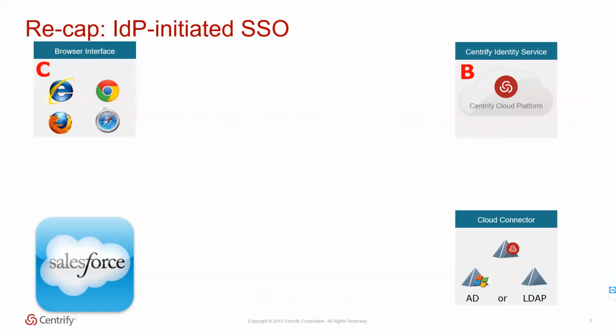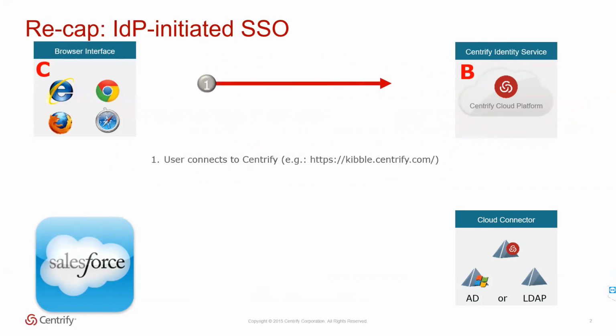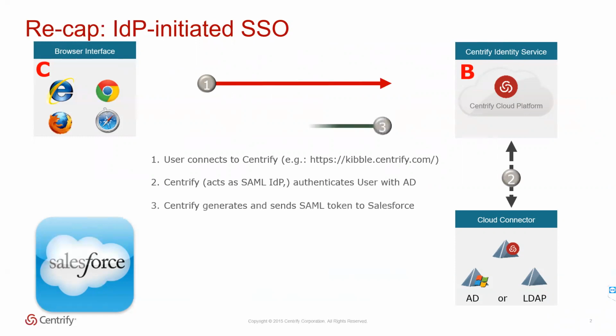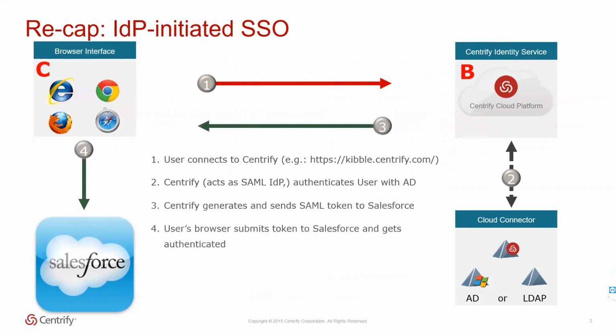So let's just do a little recap. Let's say if we go to Centrify Cloud first and log into Salesforce by clicking on the SAML application, that is IDP initiated single sign-on. And that is true for any other application tile that we click on to go to the application.